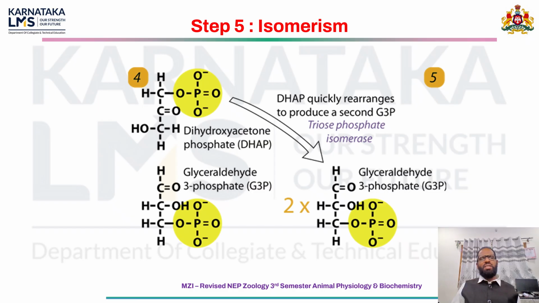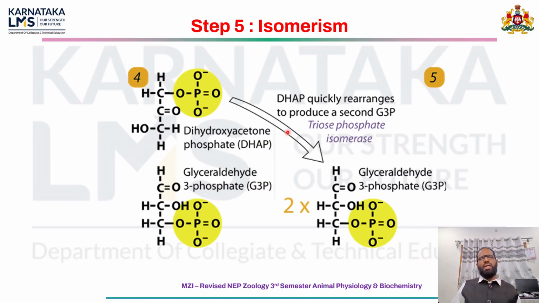Now you can see how exactly this interconversion takes place. This is glyceraldehyde 3-phosphate. Here you can see that 3 carbon atoms are present, and the phosphate group is present at carbon number 3. That's why it is called glyceraldehyde 3-phosphate. In dihydroxyacetone phosphate, the phosphate group is present at carbon number 1, and that's why this is dihydroxyacetone phosphate.